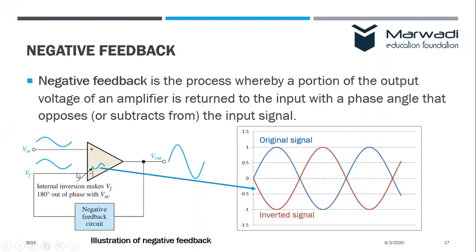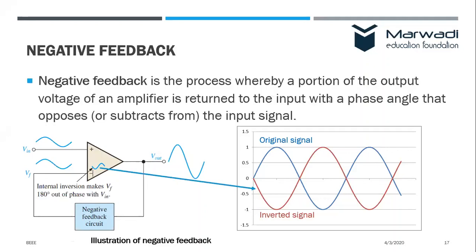That means if you have plus, then it will be inverted. Now, what does this mean? This is actually a sentence, but we need to understand it in a very simplified manner, because this sentence is basically written for very professional people.